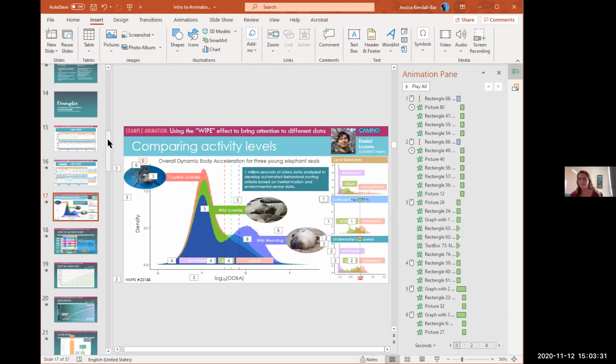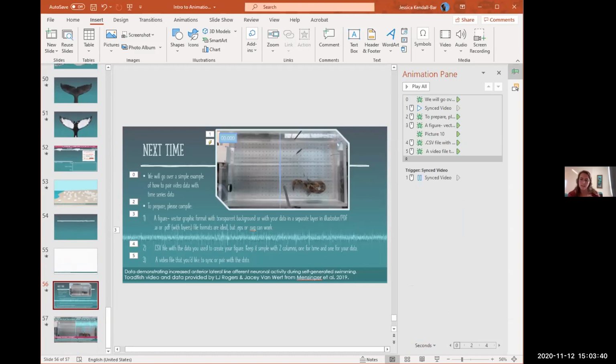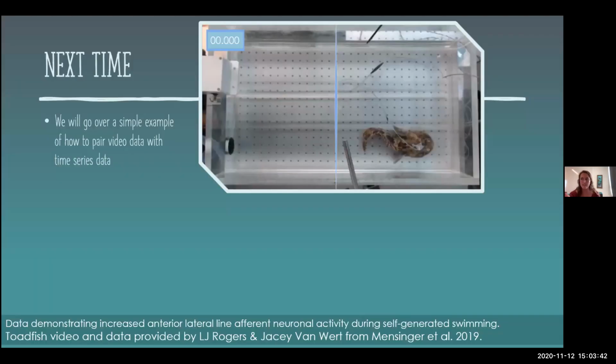So if anyone's interested in doing the next tutorial, we're going to be pairing video with time series data. I work with electrical activity in the brain and seal behavior, so I can show you how to pair that data with whatever your study animal is doing.